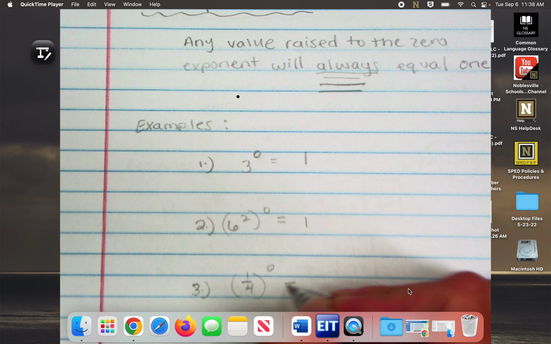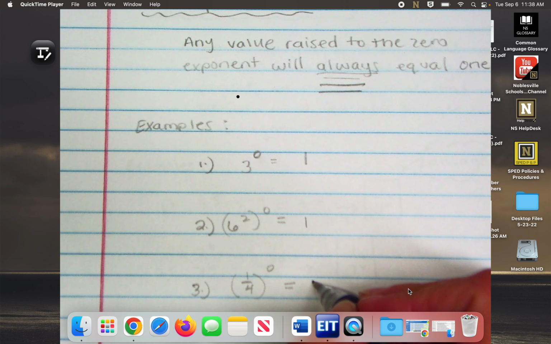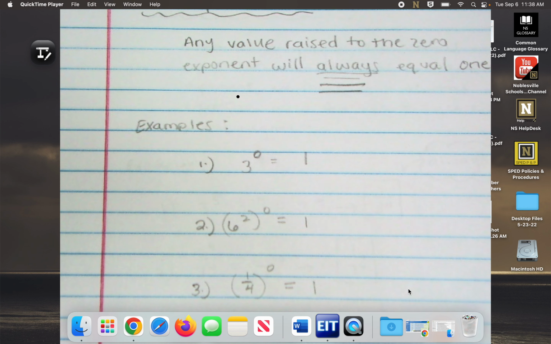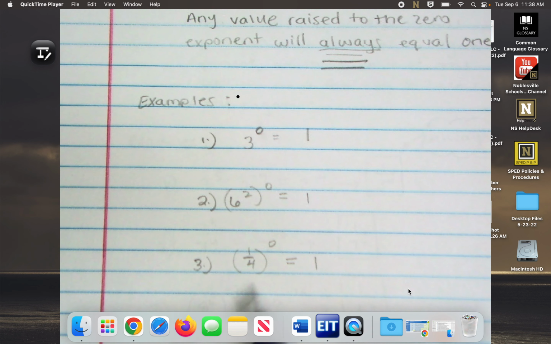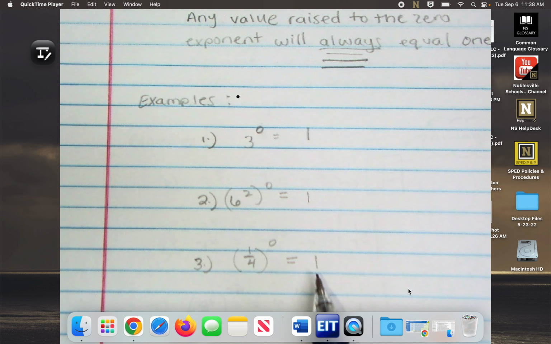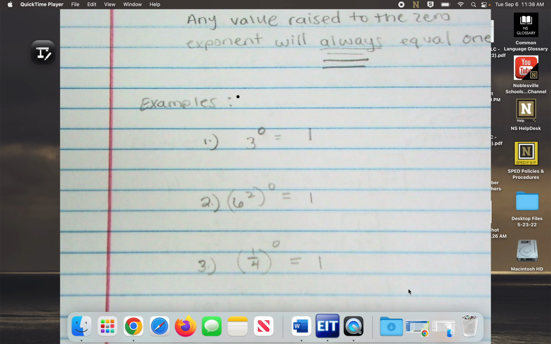One-fourth raised to the 0 power is going to be 1. Anything raised to the 0 power equals 1. Anything. 5 million to the 0 power equals 1.